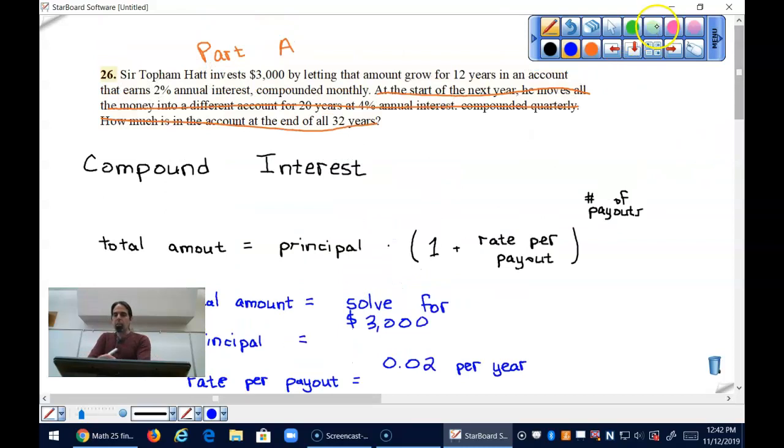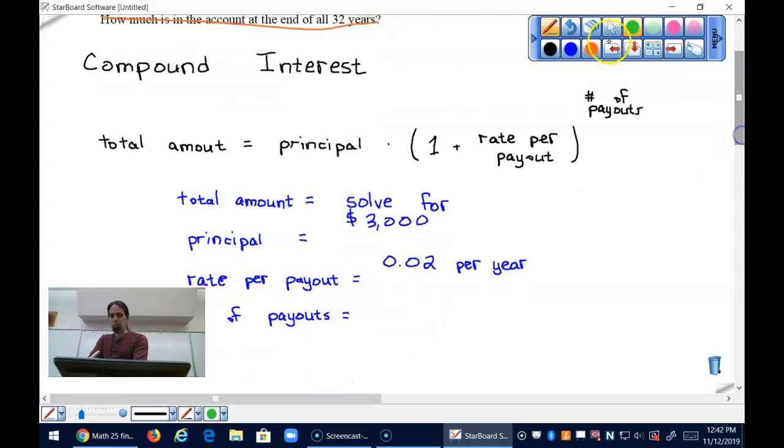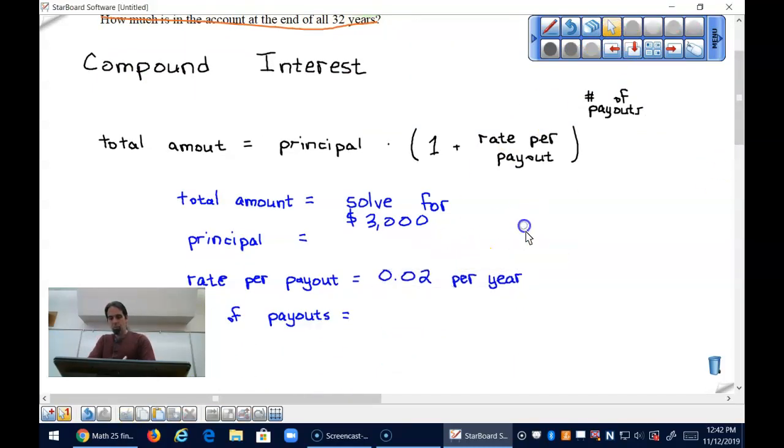But we need things to be monthly. So how am I going to switch from per year to monthly? Divide that by 12. I have to imagine we're dealing out cards. I have to share the 2% among 12 different pieces.